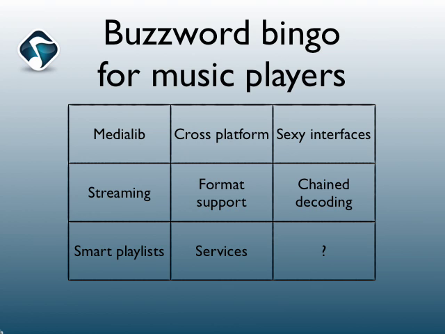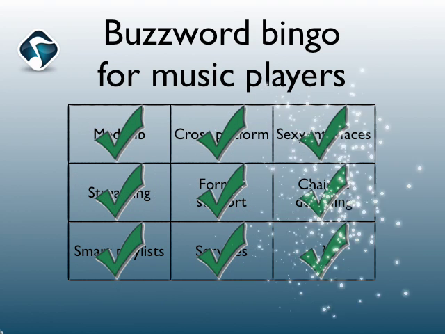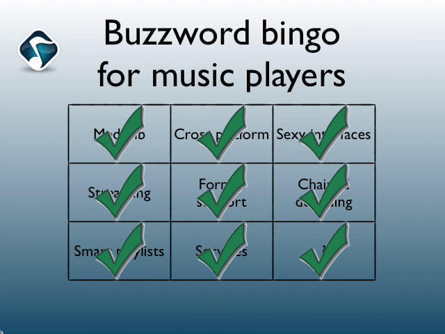When we looked at what we would implement in a new player like XMMS2, we started our own buzzword bingo for music players, things like MediaLib, format support, smart playlists, all of those things. We need to have them in a player. So we think that we have implemented all of these pretty well.